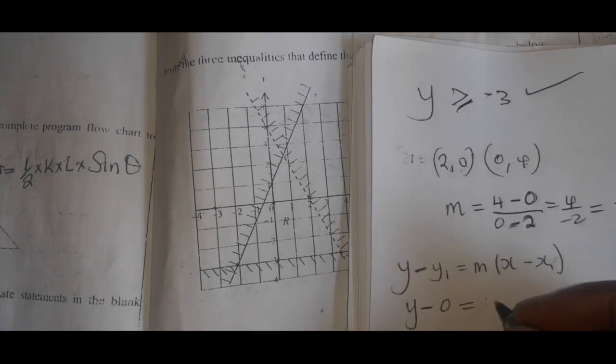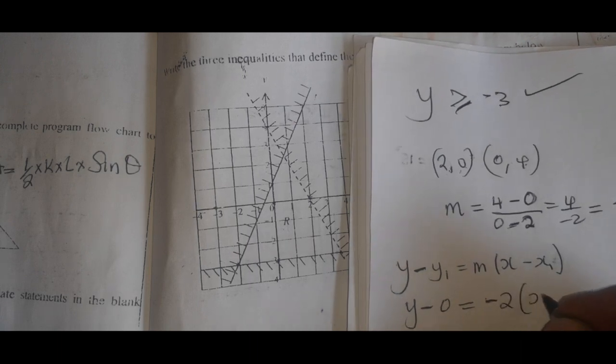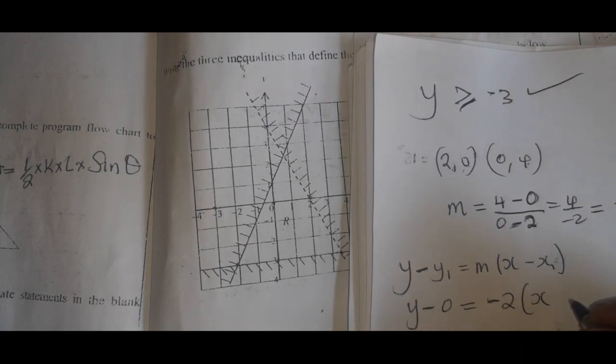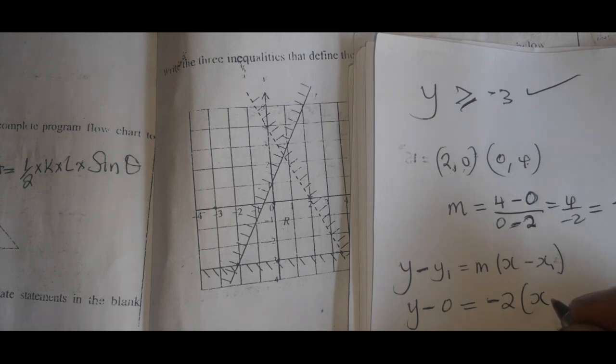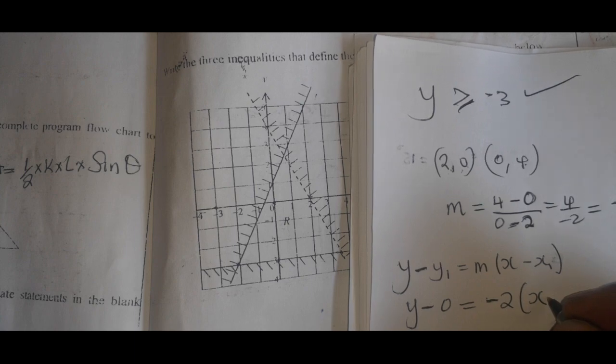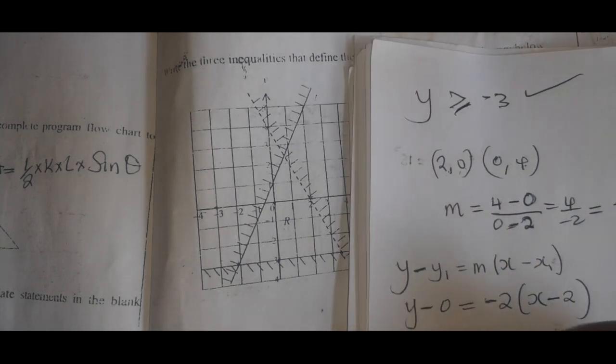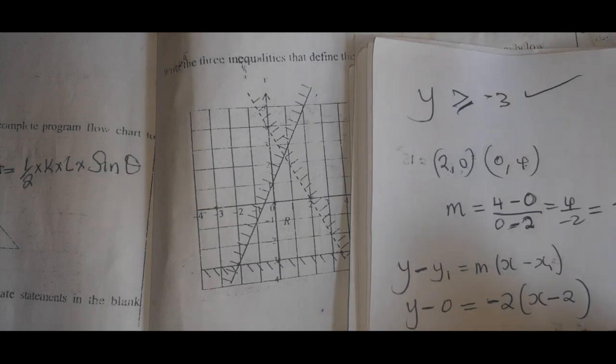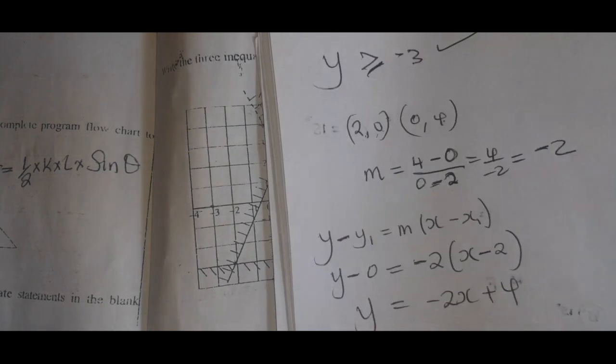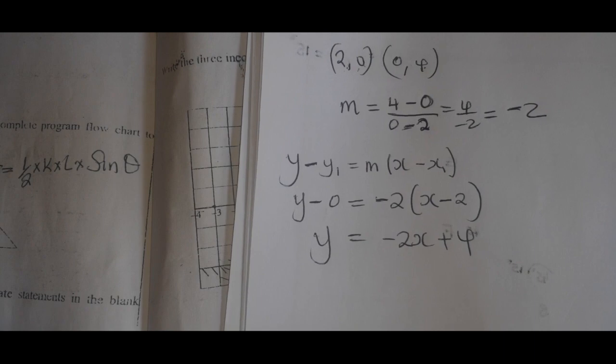Equals to, our gradient is -2, x minus 2. y is equal to -2x plus 4. This is the equation that we are getting.